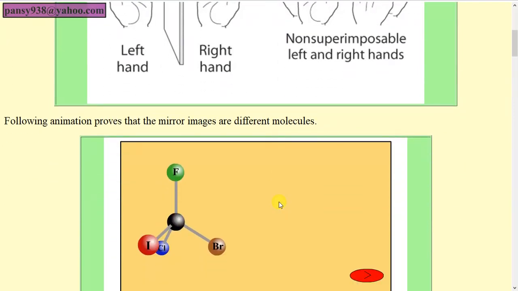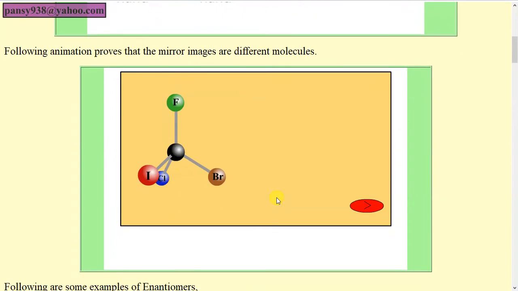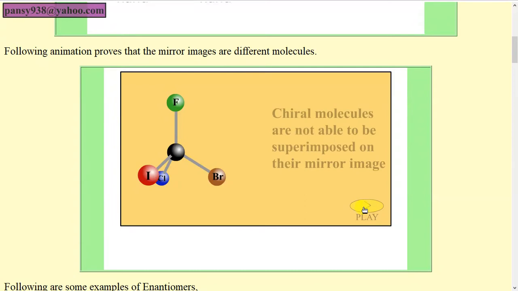Here is an animation which shows how chiral molecules or the mirror images are different from each other. You see that here is a molecule which is surrounded by four different groups. So this is a chiral center of this molecule, and four different groups are shown in different colors.